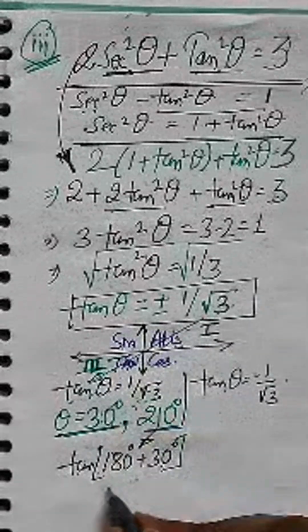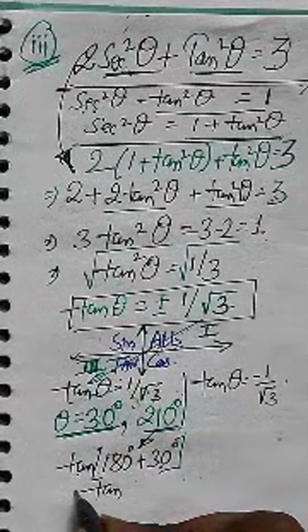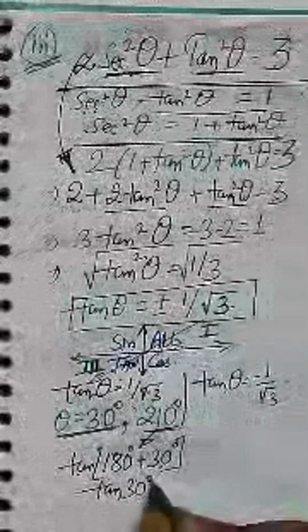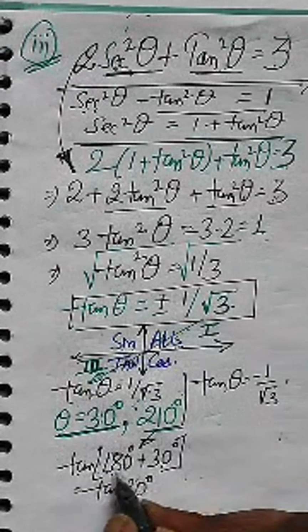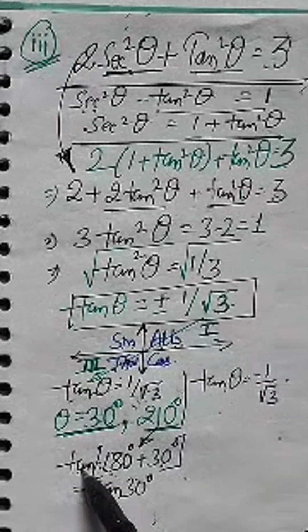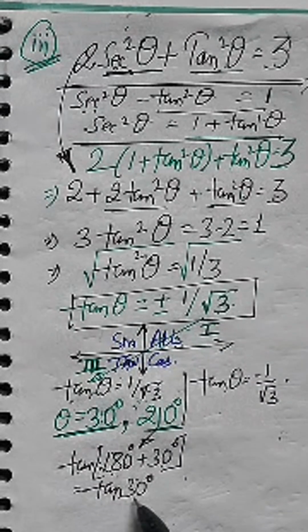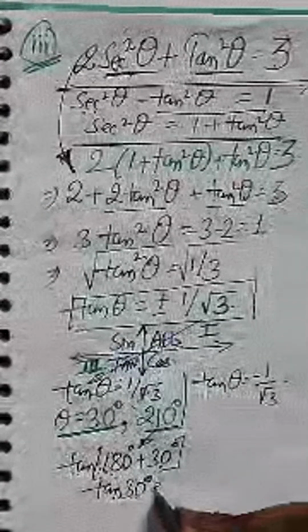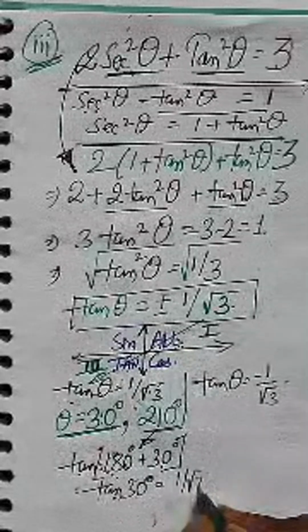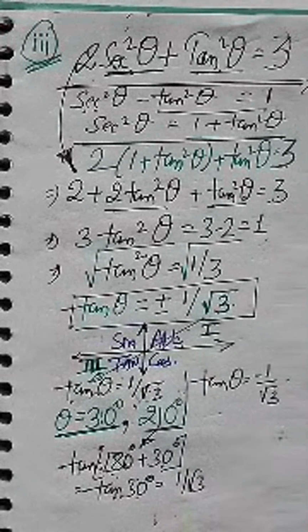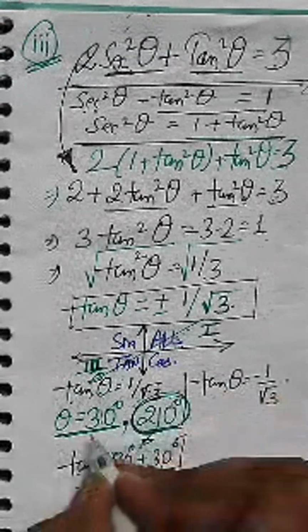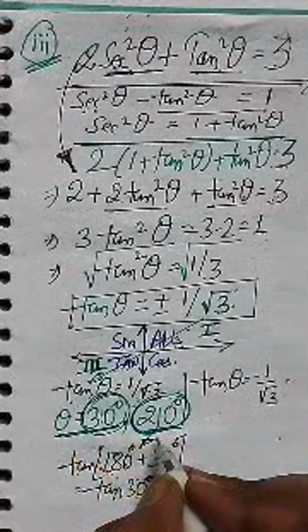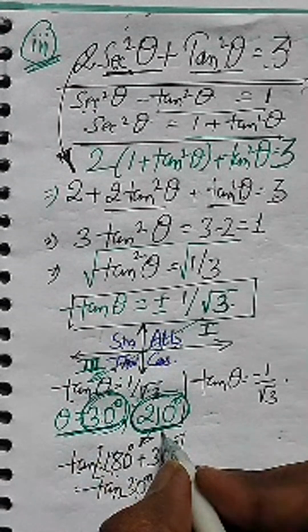So this will again become tan 30 degree, because the multiple of pi by 2 here is even. So tan becomes tan only. And tan 30 degree is 1 by root 3. So the other value of theta is 210 degree. One is 30 degree, another is 210 degree, right?